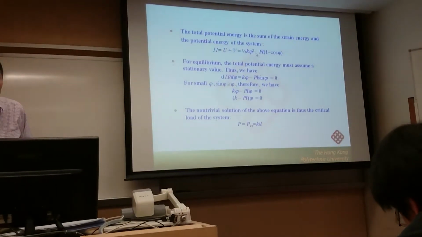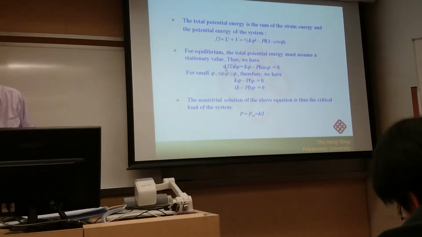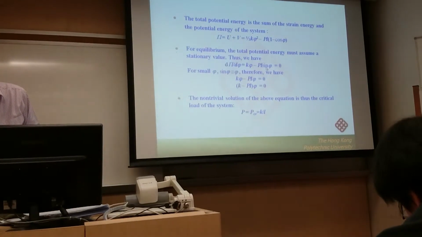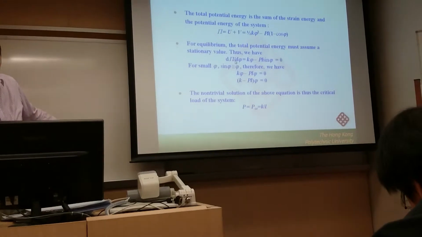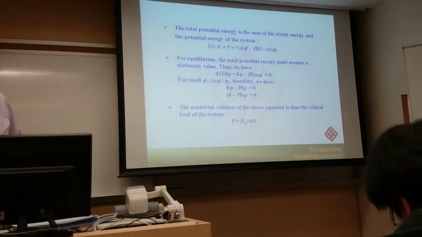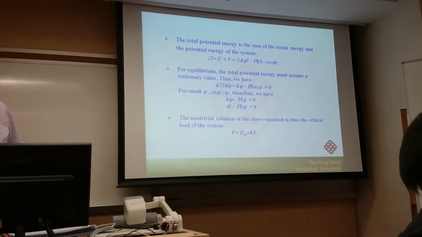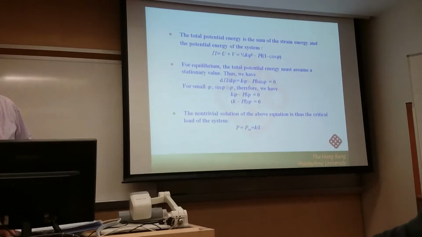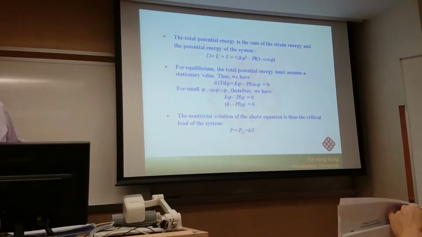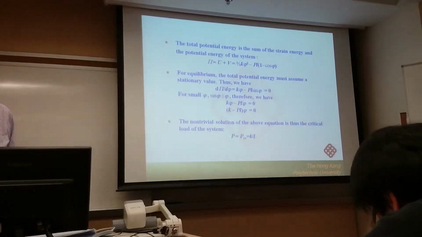In this case, when the force is a compression force, the second term is negative, and then we can take a first derivative. When we take a first derivative, usually this is a nonlinear equation about the rotation angle, so you have to linearize the equation. How to linearize the equation? For small rotation angles, sine angle is equal to angle. And how about the cosine angle?